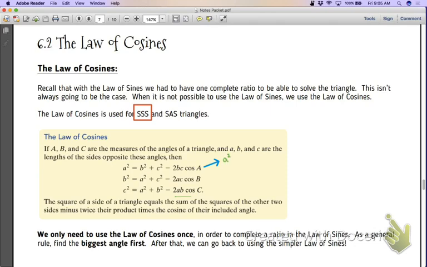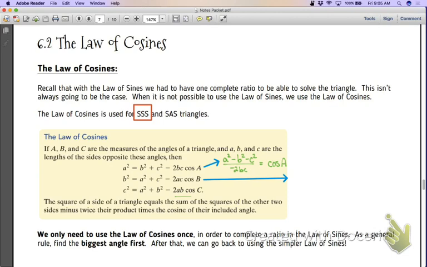in this case, a squared minus b squared minus c squared divided by negative 2bc is equal to cosine of A. It's going to do the same thing.